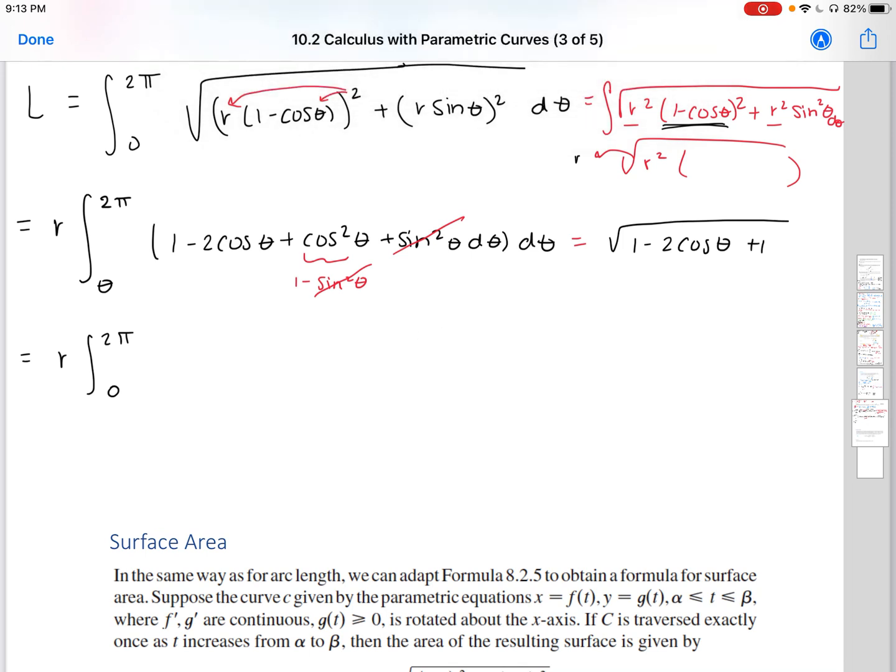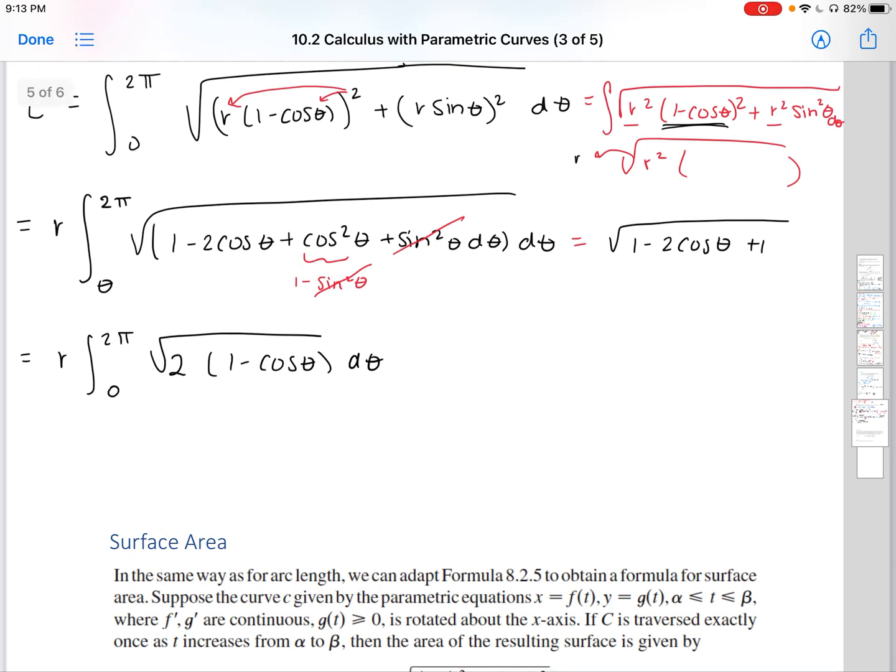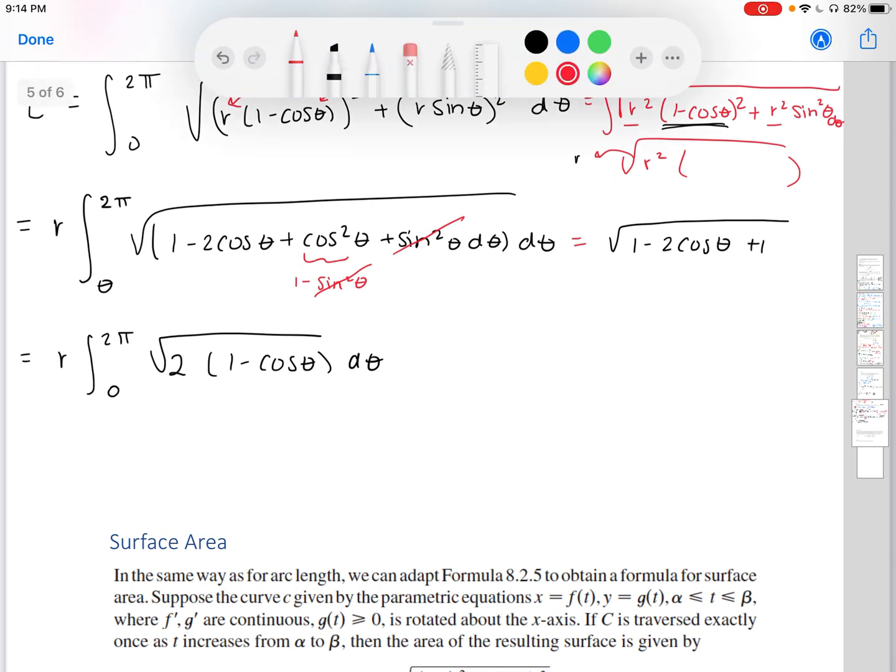So we have 2 times 1 minus cosine of theta. Oh, I keep forgetting to write that square root. d theta. All right, so we're going to use some clever identities here.